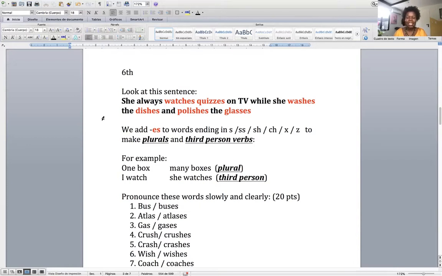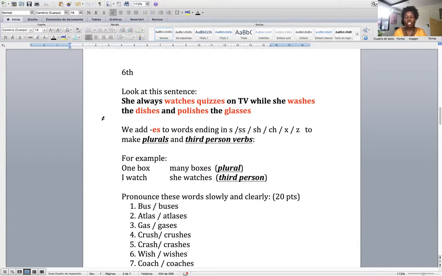And the second example is an example of changing it into a third person verb. I watch TV, and she watches. And you have to pronounce the ES. So let's go back to the sentence at the top. She always watches, watches would be third person, quizzes, a noun in the plural.